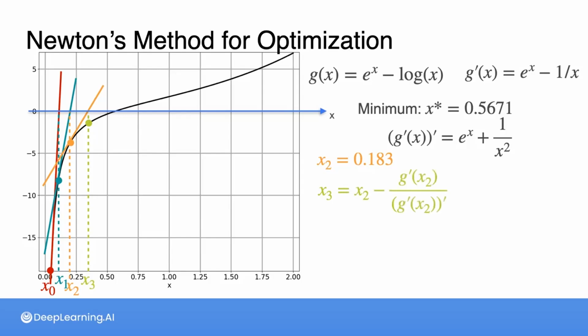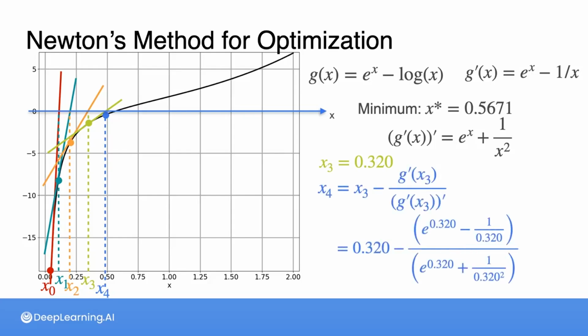How do we calculate x3? Using the derivative again. And the value for x3 is 0.320. We're getting closer. Let's do it one more time. With x3, we draw the derivative, we see where it hits the axis, and we get x4. And to calculate x4, we use the iterative formula again to get 0.477.